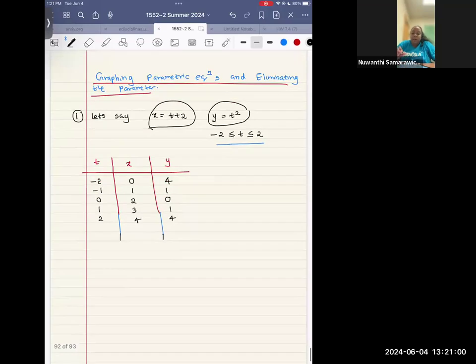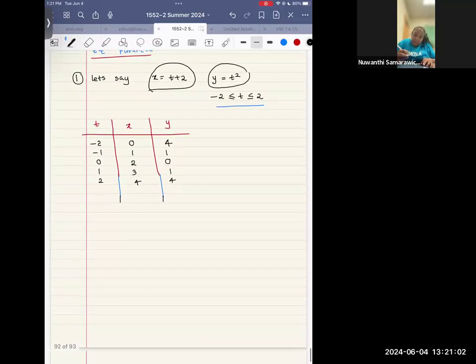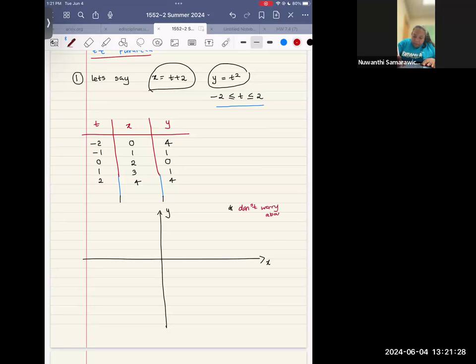Now let's plot the graph. When plotting the graph, we don't worry about t because we already considered t. According to t values only, we found this x coordinate and y coordinate. So don't worry about t. Graph these points, so (0, 4).